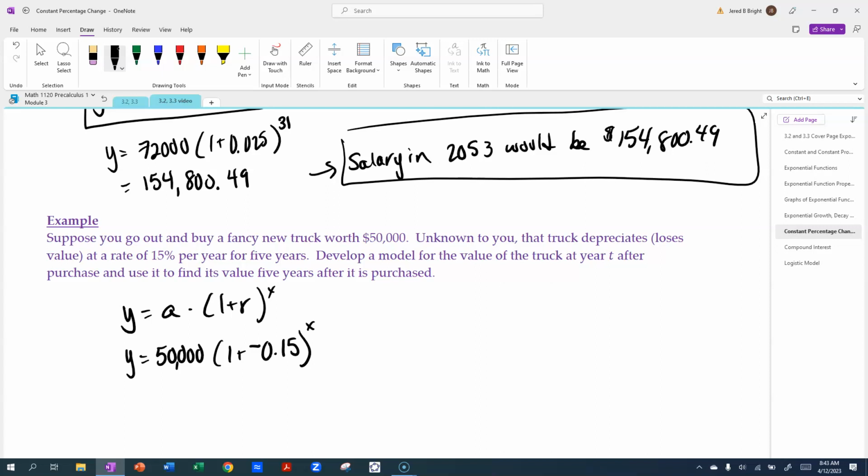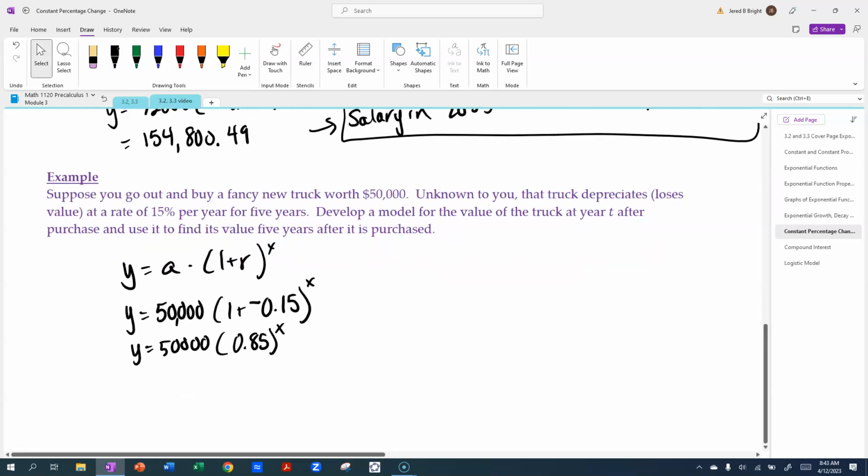Okay, and so if I were to do the math, just simplify things a little bit. Another way of saying if it loses 15% of its value each year for the first 5 years, it would be worth 85% of its value from the previous year.